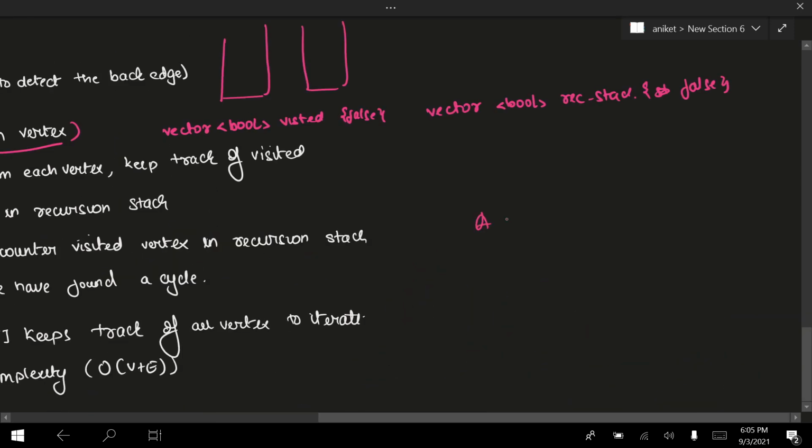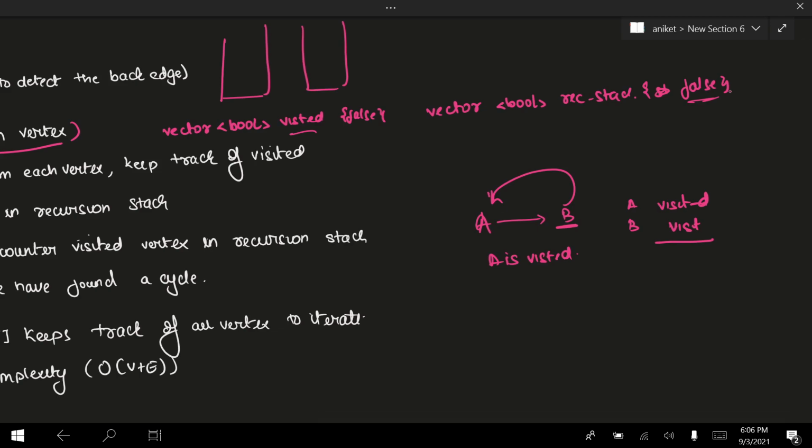For example, we start with A, we move to B, and then we move back to A. In a normal DFS algorithm, A and B would both be marked visited, and in the next case we would not be visiting B because it has already been marked visited in the normal visited stack. Hence, we need to maintain another stack, which makes sure that every vertex is actually visited, and if needed we set it back to false.